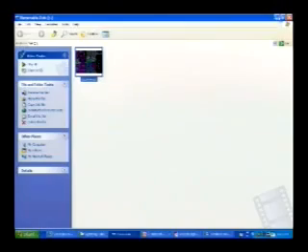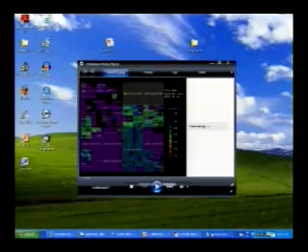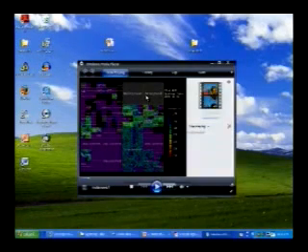Did I lose it? It's kind of a big file, but, yeah.